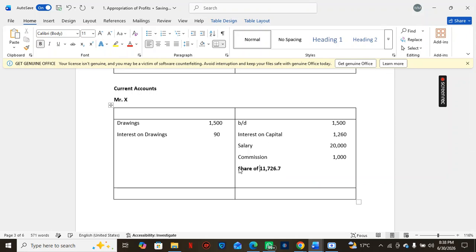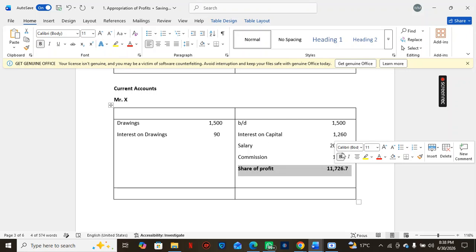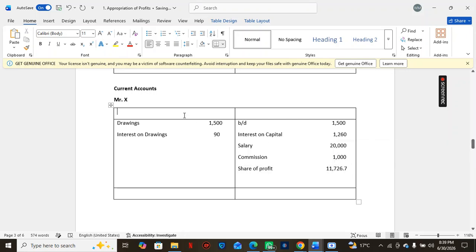Share of profit, 11,726.7. Right. So now we find the new balance of Mr. X's current account.